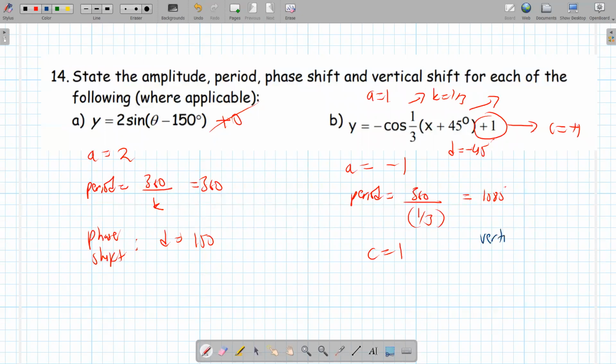The technical term is vertical translation. 1 unit up. So that'll be the vertical shift. Vertical translation, 1 unit up. Horizontal translation, 45 degrees left.